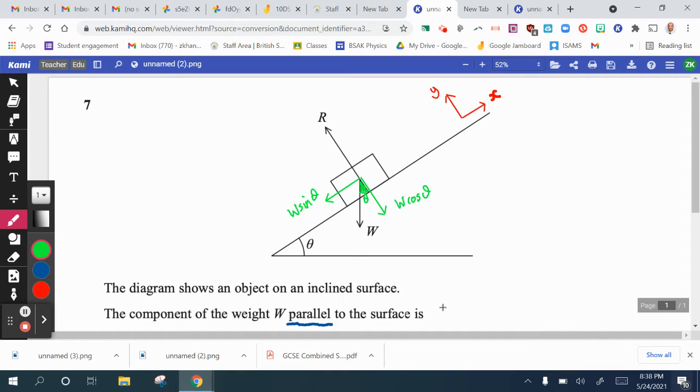So therefore, this component is this section of that triangle, which is W sine theta.